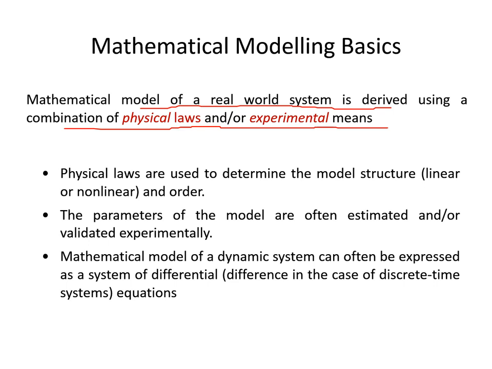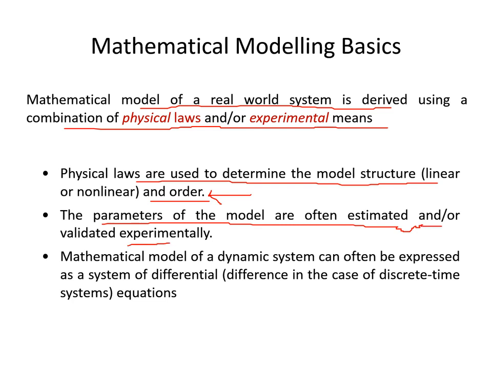Physical laws will determine the model structure, whether the system needs to be modeled using a linear or a non-linear system, and how many energy storing elements, which primarily defines the order of the system. Again, all of this discussion will come later. Then what are the parameters of the model? For instance, the parameters may refer to the coefficients of the differential equations, and how can they be validated experimentally.